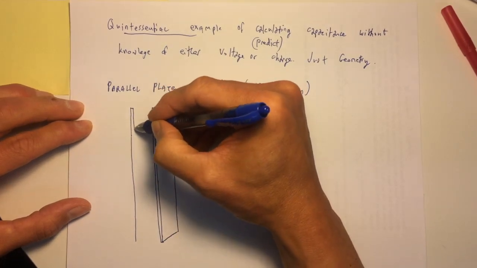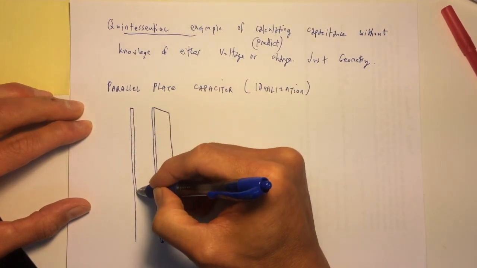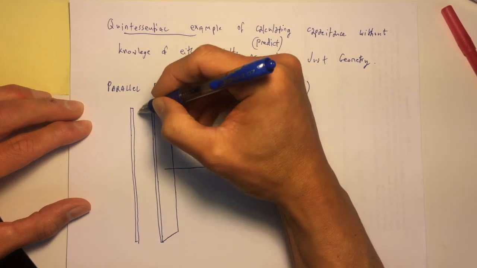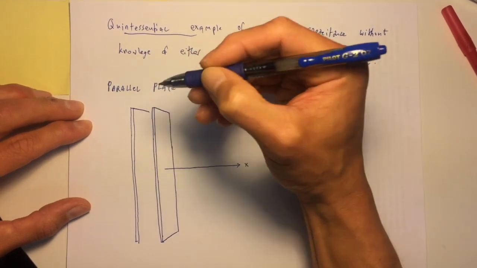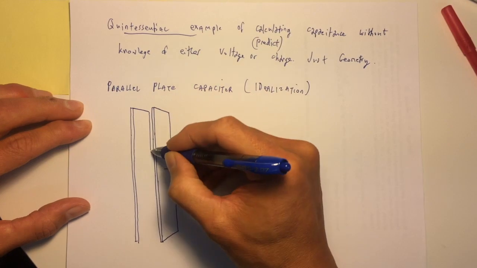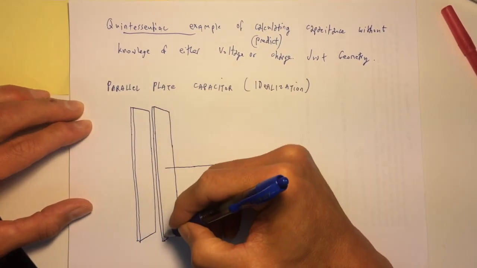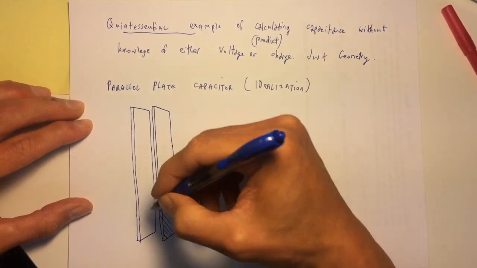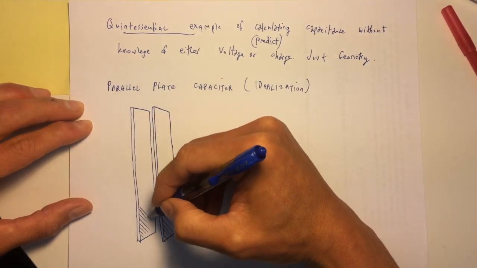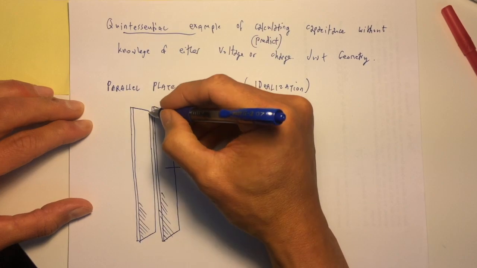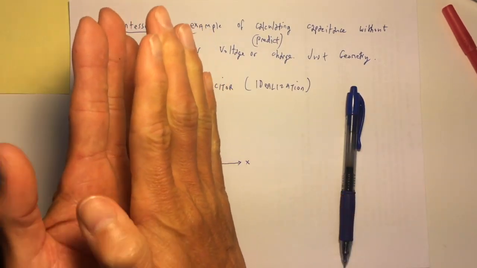It is parallel. I hope you can see what I'm drawing. So this is like an outer edge and this is like an inner edge. Can you see that? Just two plates like this.